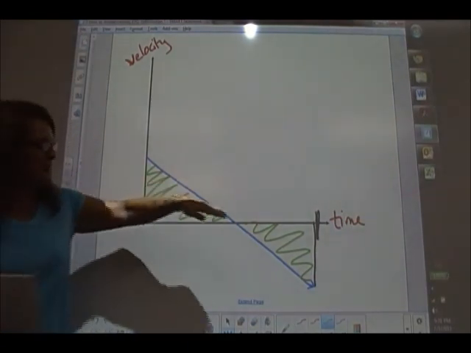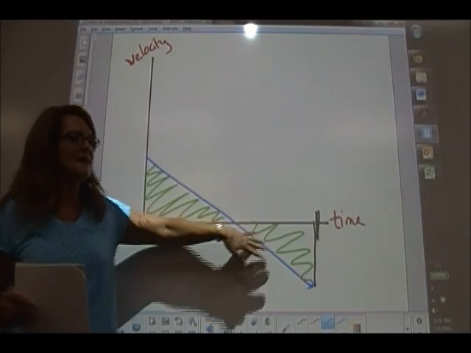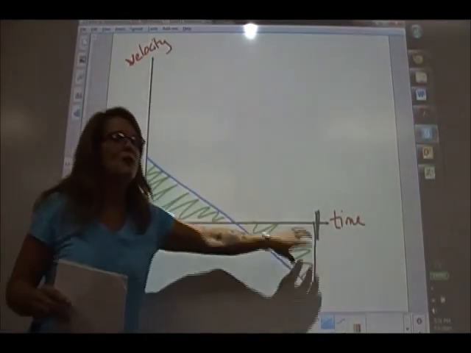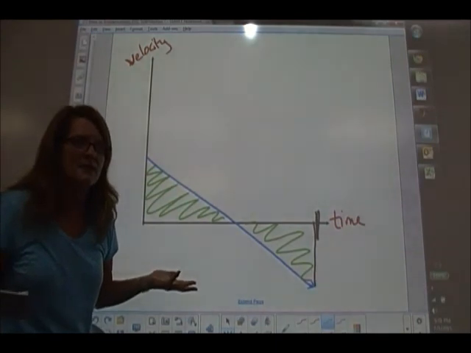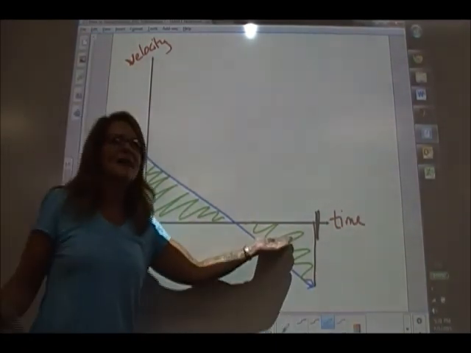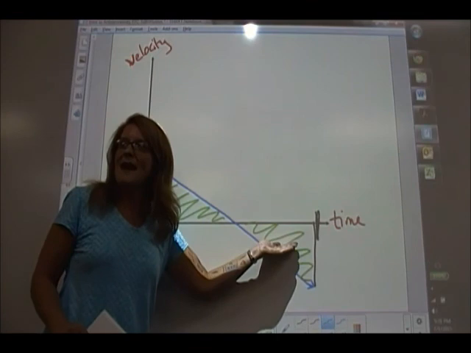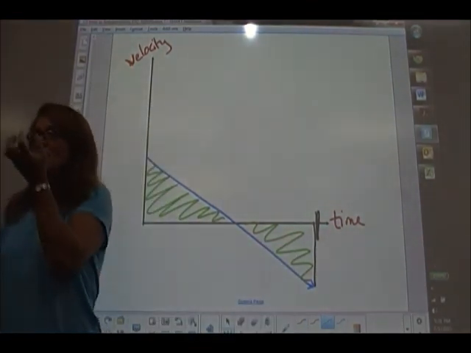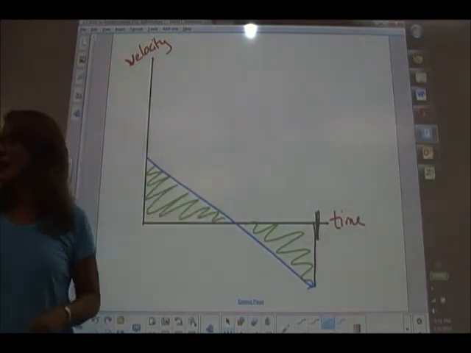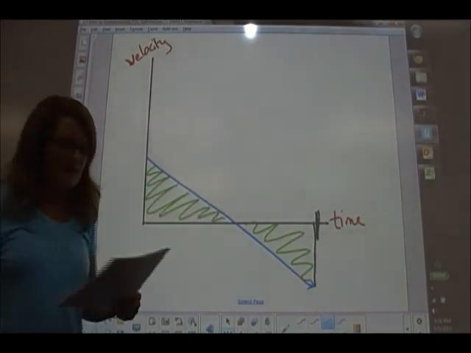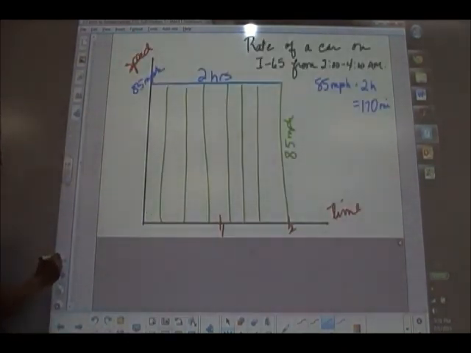But because this velocity was below the x-axis, my areas might both be positive, because we know from geometry class that area can only be positive. But the fact that this area is below the x-axis means that where I started and where I ended cancel each other out. All right, let's go back to the one we looked at about going to the Gulf.